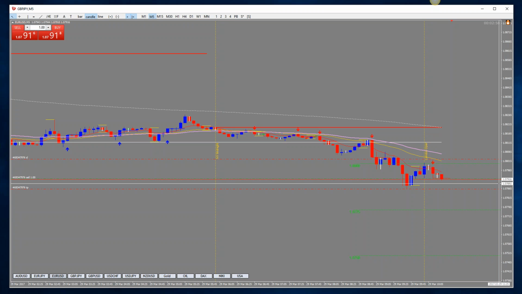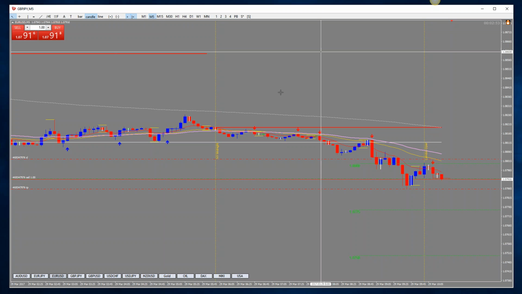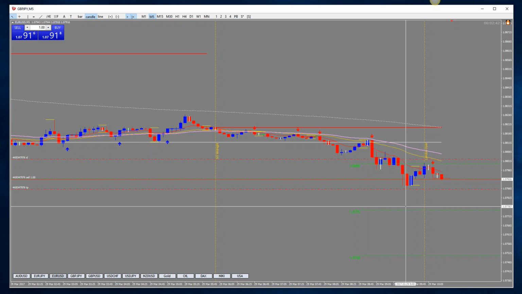Yeah, there's some support down there, so I won't stay in the trade long. I'll get in, I'll get out. I've got my take profit and my stop loss set at the moment.